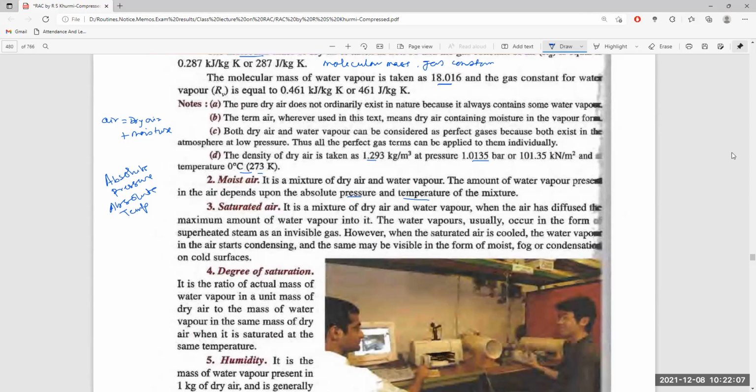However, when the saturated air is cooled, the water vapor in the air starts condensing, and the same may be visible in the form of moist fog or condensate on cold surfaces.